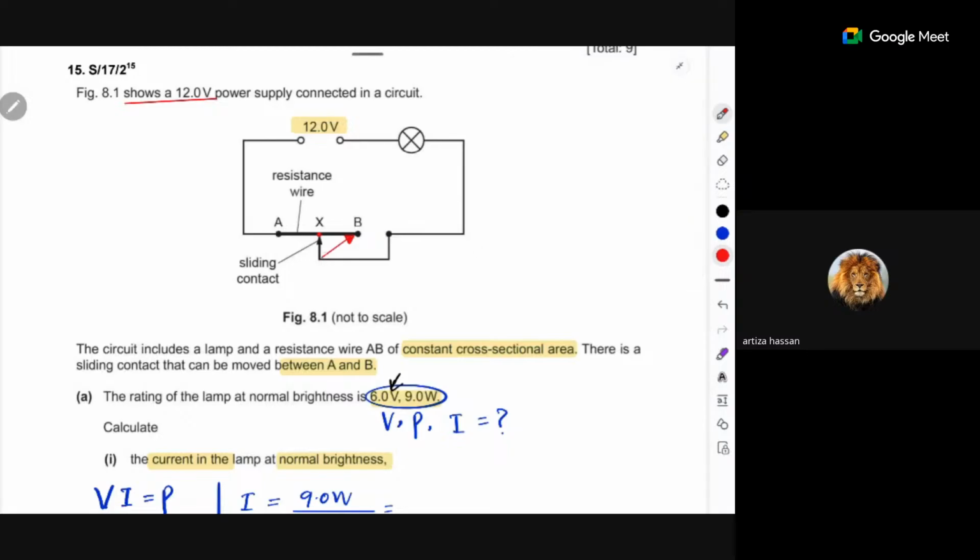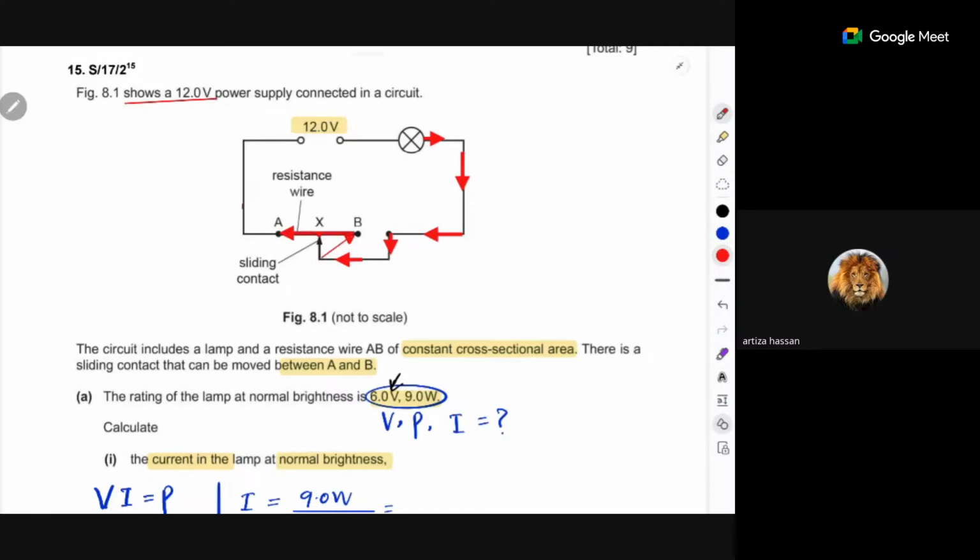Now there is more resistance in the path, because the current flowing through this lamp follows this path. This is the entire resistance in the path.